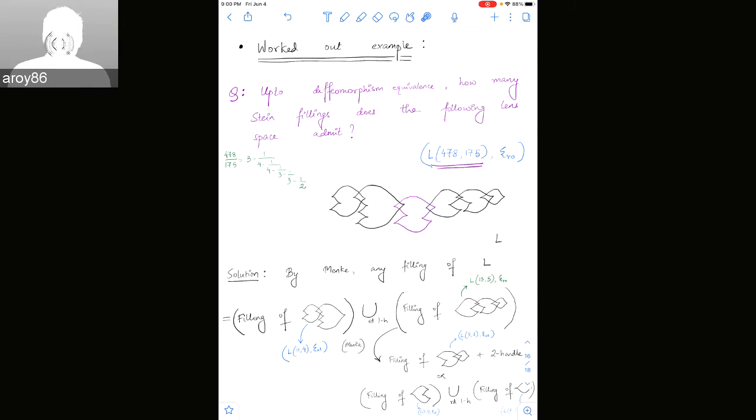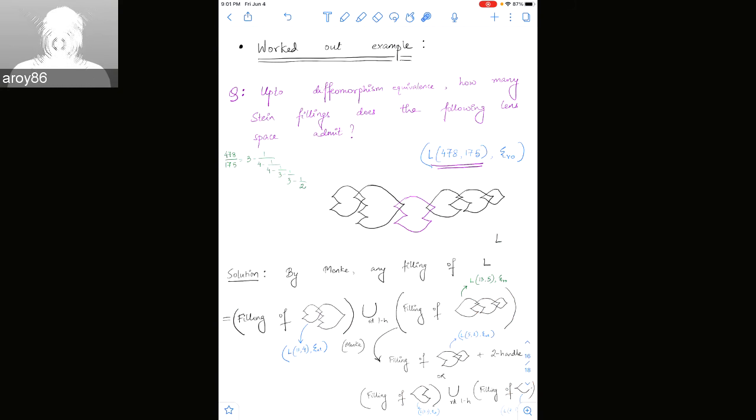Recall that all the diffeomorphism types of the fillings are understood by the null sequences they correspond to. Even these fillings actually correspond to certain fillings of the universally tight lens spaces given by certain null sequences. So if we can identify which null sequences come up, then we can count exactly how many fillings can show up.